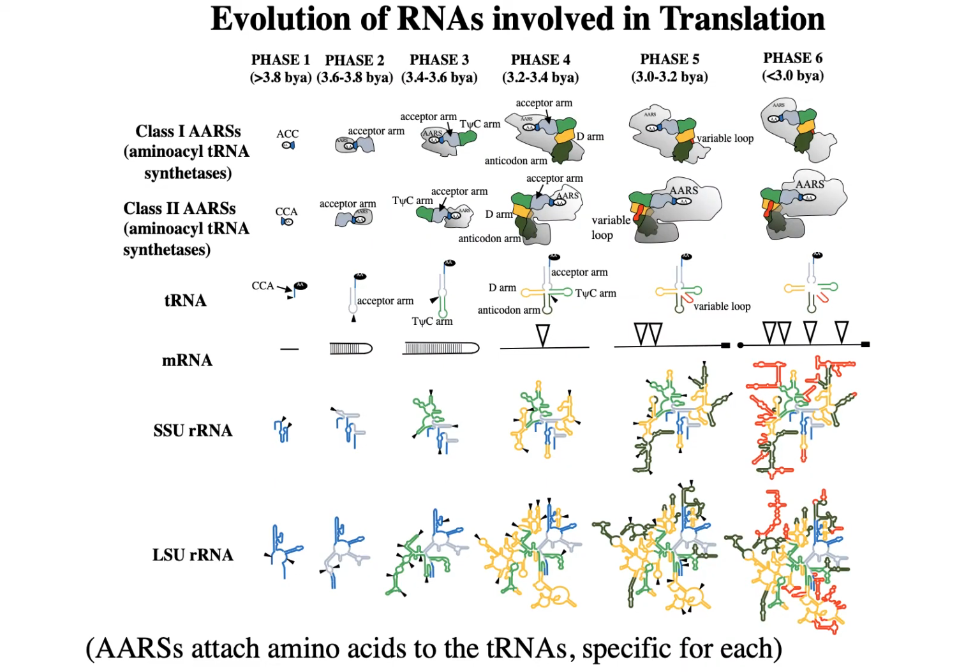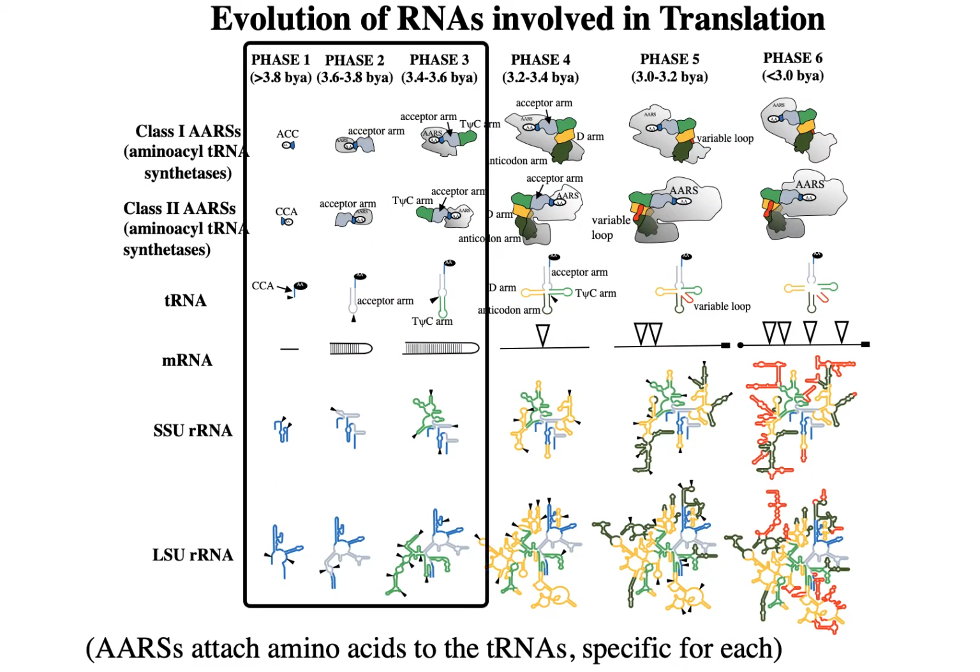And moving back to this diagram, you can see very early on this system was very simple and consisted of still the small subunit, which was primarily carrying the mRNA to the ribosome with the peptidyl transferase activity. The tRNAs were being charged by the class 1 and class 2 aminoacyl tRNA synthetases.